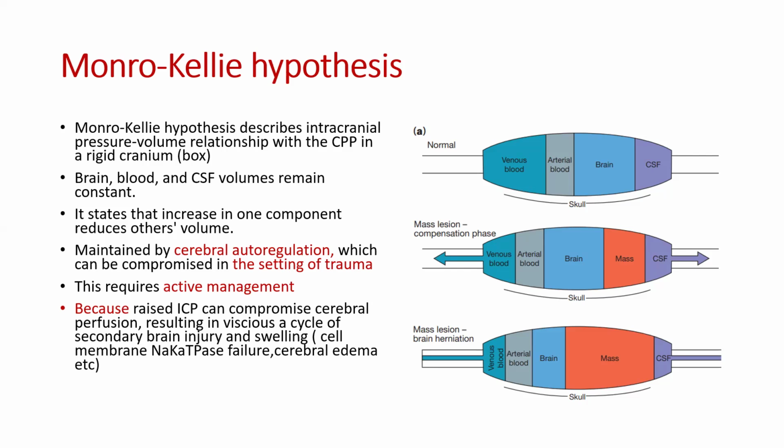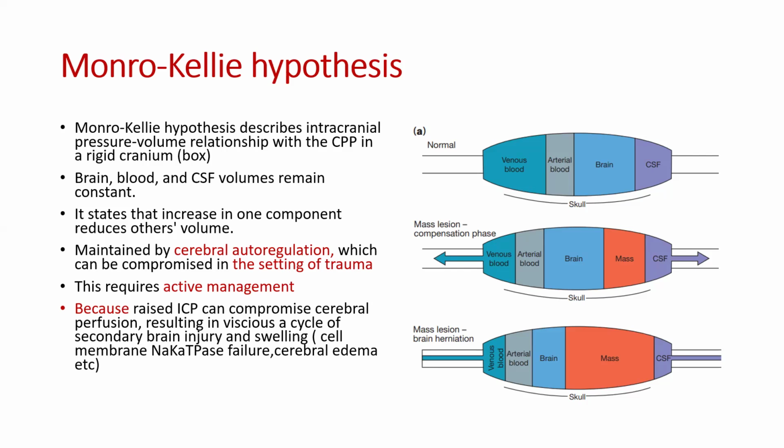The picture on the top shows the normal components of the skull. This is the rigid box of the skull. It has CSF, brain, arterial blood, and venous blood. The picture which follows illustrates the introduction of something else, a mass, maybe a hematoma.